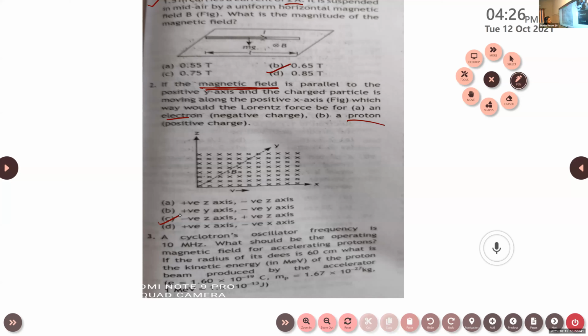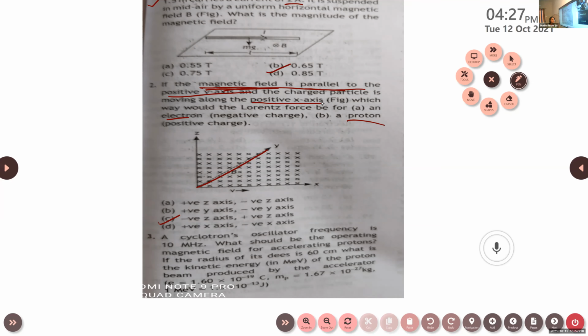We know that the Lorentz force is applicable if and only if the magnetic field, the direction of the motion of charge and the direction of the force are all mutually perpendicular to each other. So here in the given question, the magnetic field is parallel to the positive y-axis. The charged particle is moving along the positive x-axis.